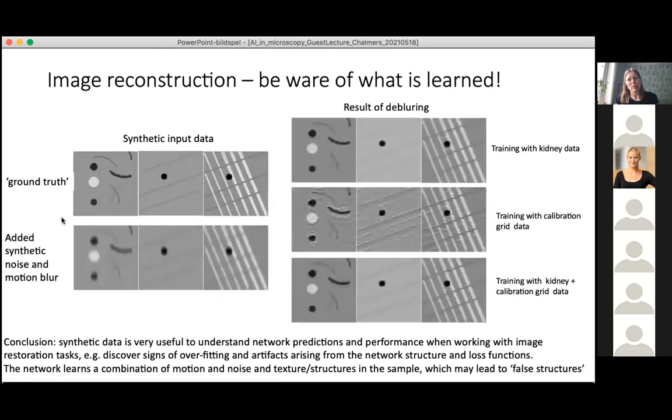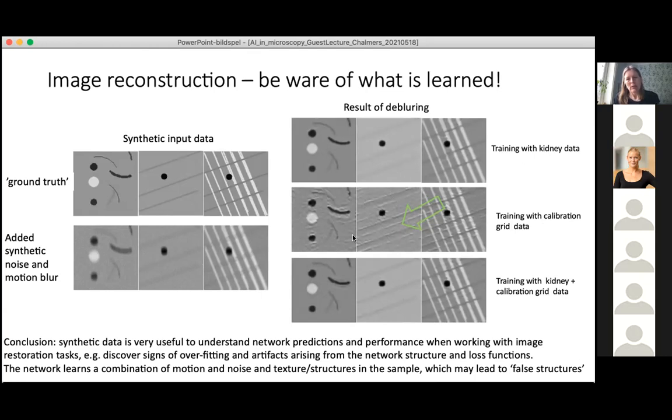what we saw was that the network introduced extra lines in our images. You see there are stripes here that are not at all present in the synthetic input data. When we took a network that was trained on both kidney data and calibration grid data, we could get rid of those lines.